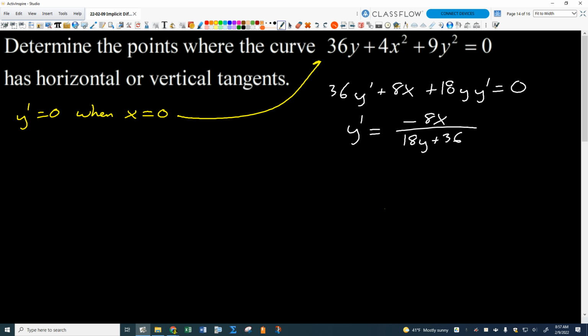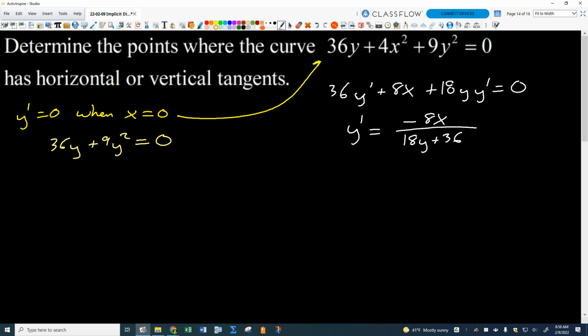So if we plug that in, we got the equation 36y plus 9y squared equals 0. Okay, so now what?